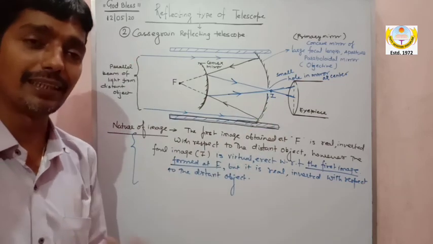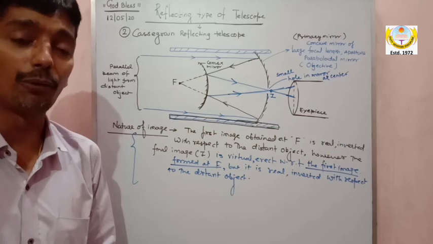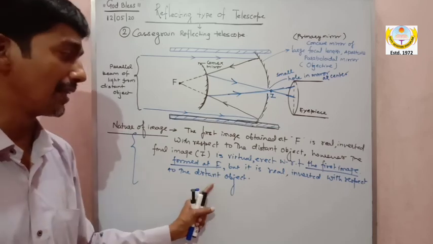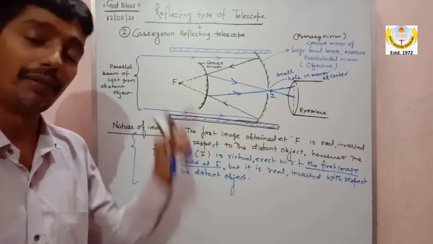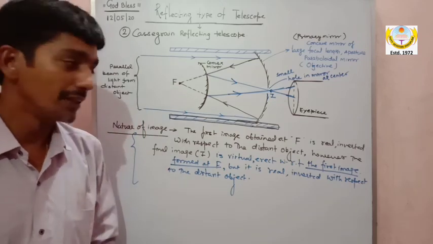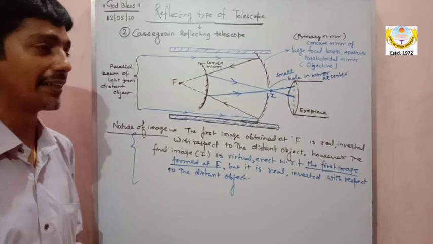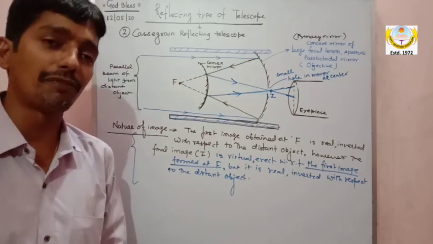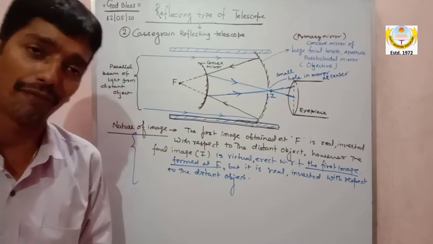Am I clear? Whereas in the Newtonian telescope, it was a virtual erect and magnified image. But here the final image is real inverted with respect to the distant object. So this is all about the Cassegrain telescope. Now let's go to the advantages of reflecting telescope over a refracting telescope.